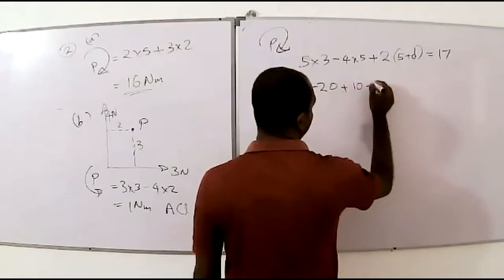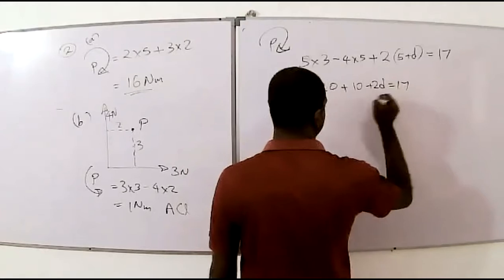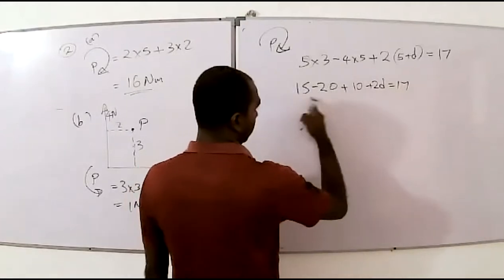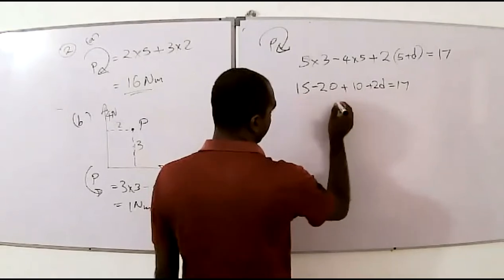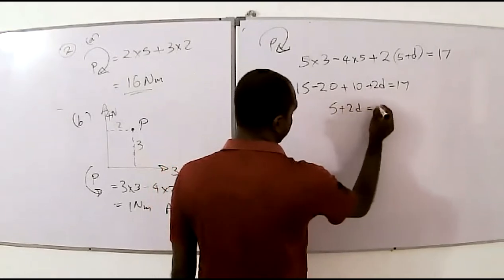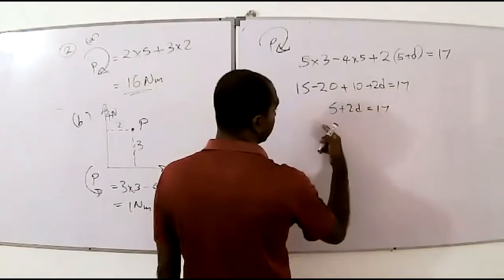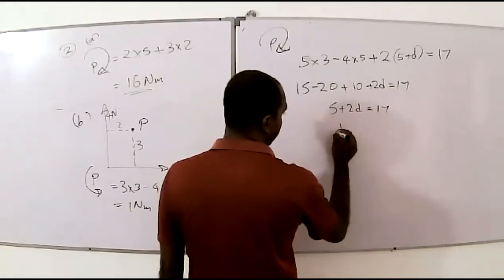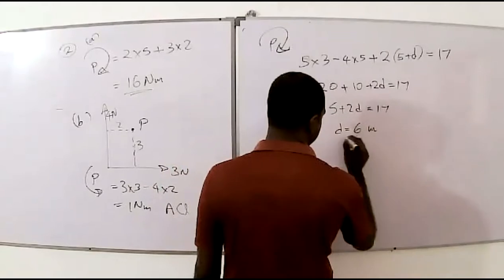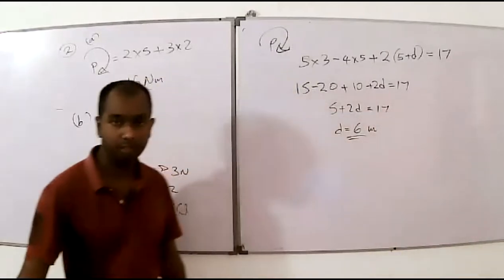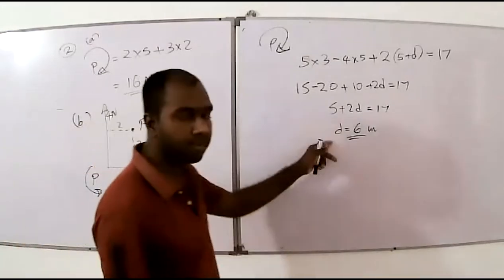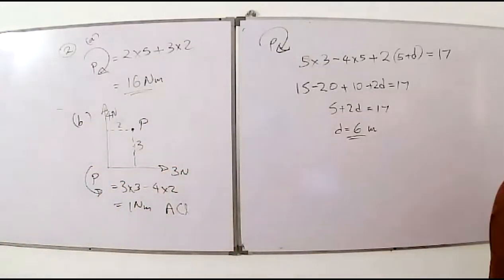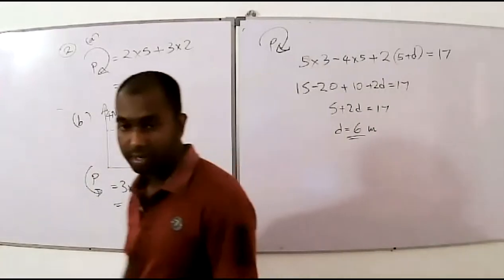Okay, so 5 plus 2b is equal to 17. So it's going to be b equals 6 meters. How much is b? b is going to be 6 meters. If you have b like this, you will have a resultant moment of 17 Newton meters.